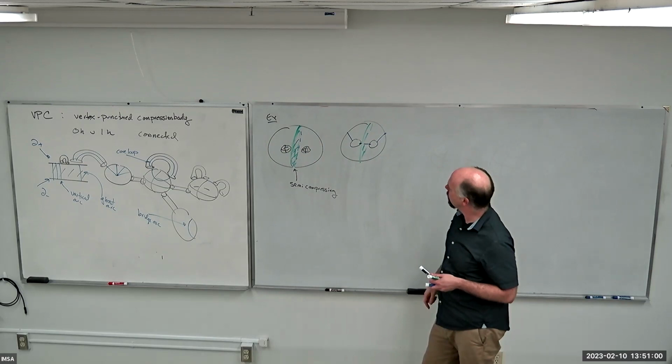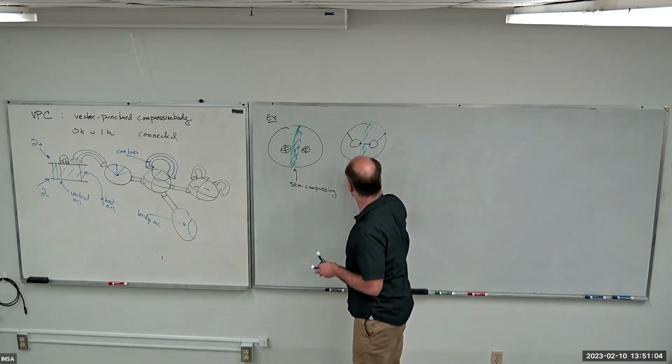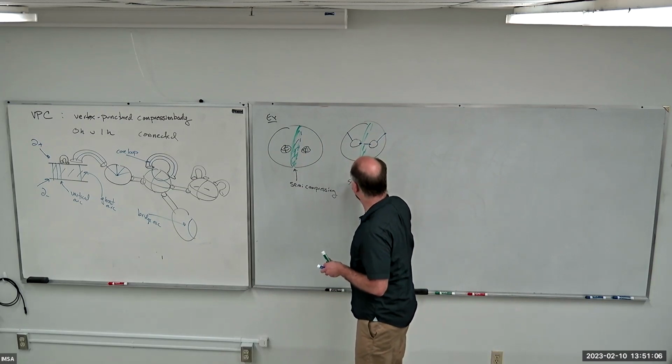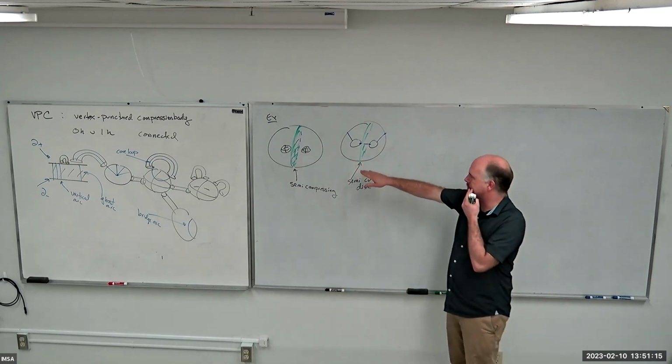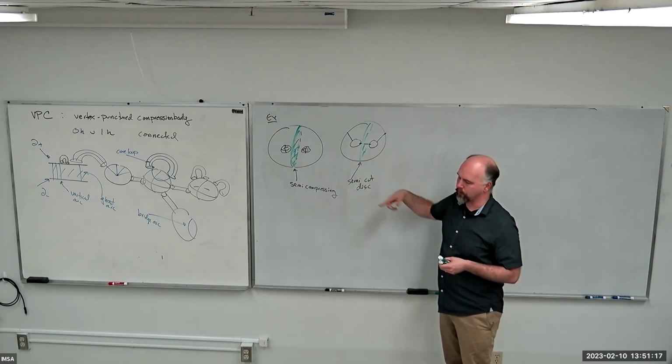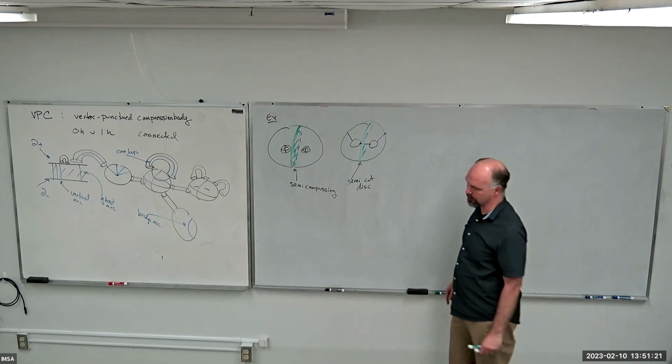So that's an example. And this kind of disk is a semi-cut disk. I think historically, things that we would call cut disks, namely once punctured disks, were called orbifold compressing disks.